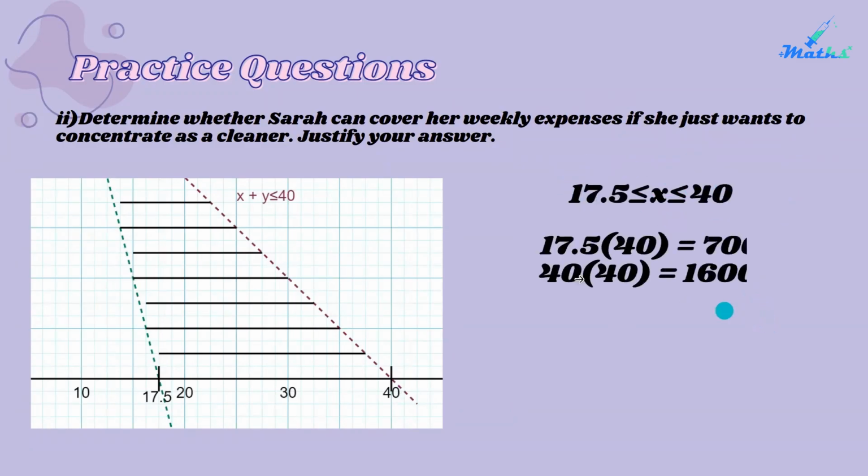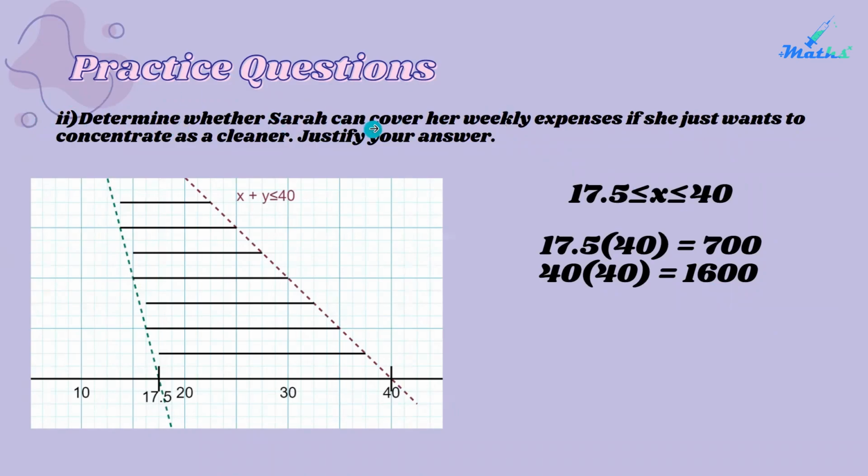And next we need to multiply by the wage per hour, the ringgit per hour, which is 40. So 17.5 times 40 is equal to 700, and 40 times 40 should be 1,600.